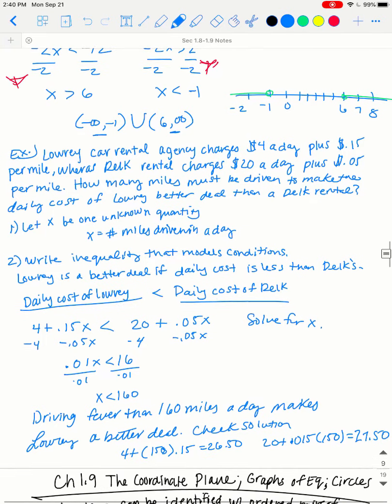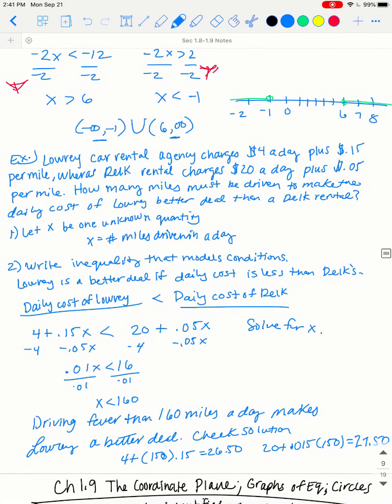Then we just solve for x. I subtract 4 and then subtract 0.05x from both sides. So I get 0.01x is less than 16. I divide by 0.01 and I get x is less than 160.